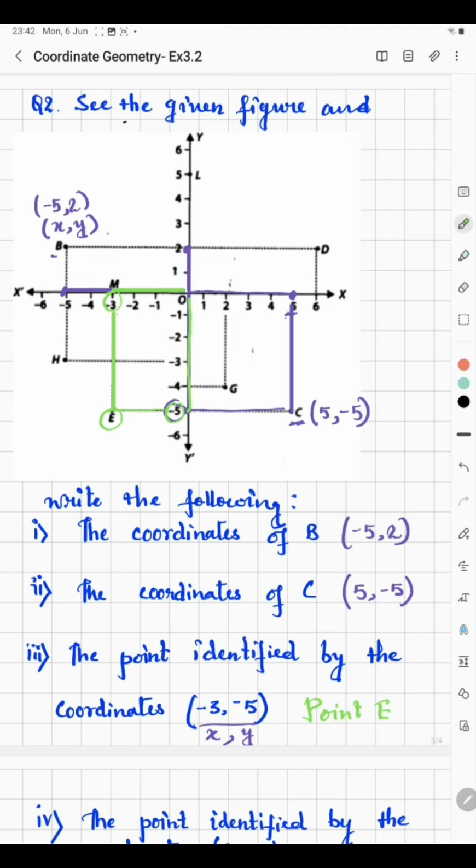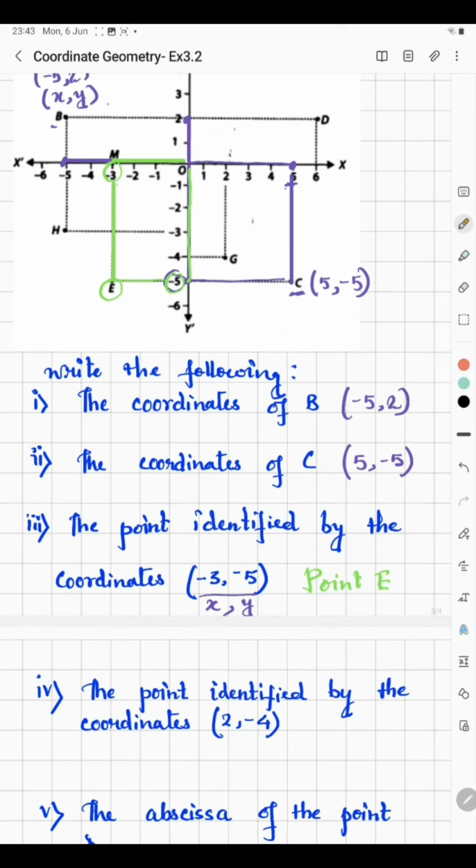Now coming to the fourth part. In the fourth part, we have the point identified by the coordinate 2, -4. This means the value of x is 2 and the value of y is -4. So where is 2? 2 is positive, so we'll go towards the right side of the origin. So here is 2. Now the value of y is -4.